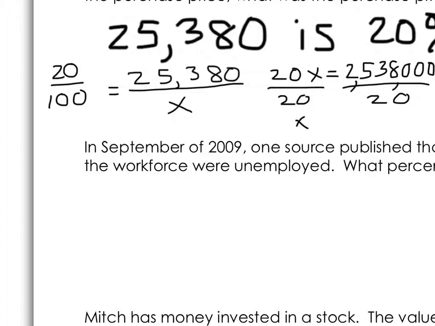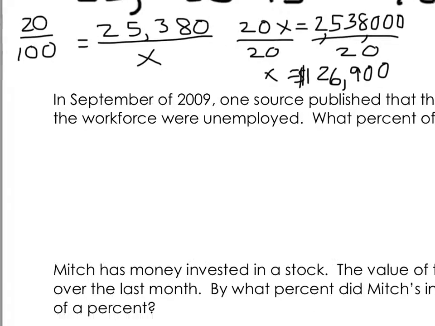And if we divide by 20, we get 2,538,000 divided by 20. Well, we're spending a lot on that house anyway. Our house is $126,900. That's not too much for a house.